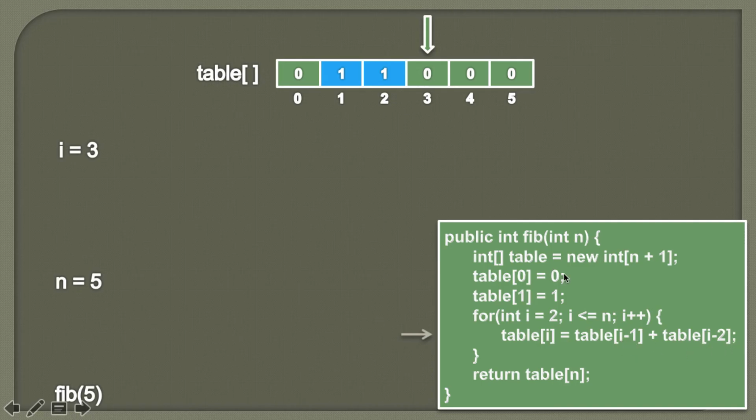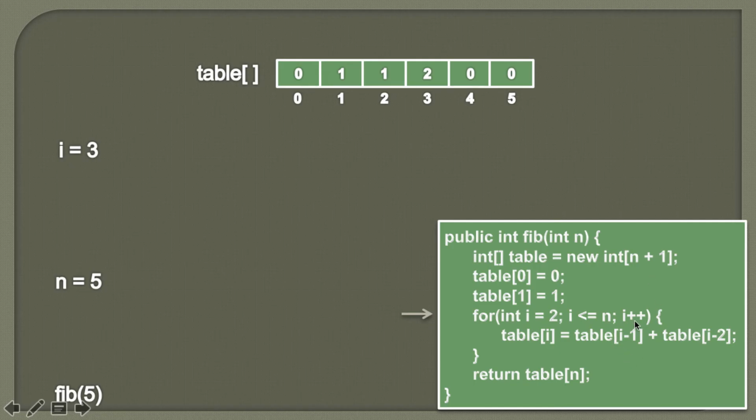So I minus 1 gives the second index value and I minus 2 gives the first index value. We'll do its sum, which is 2, and we'll store 2 at the third index. So value 2 is nothing but the third Fibonacci number. Moving ahead.